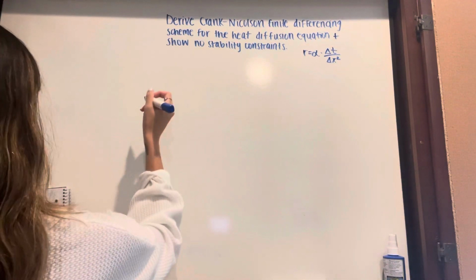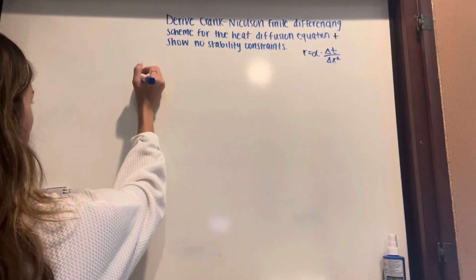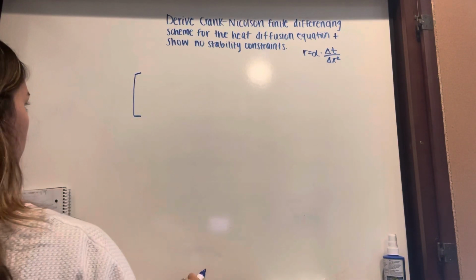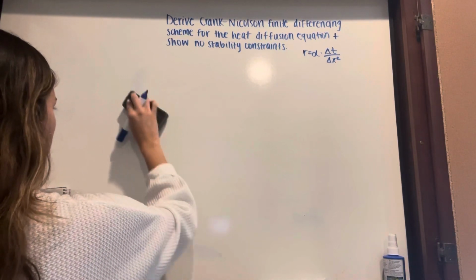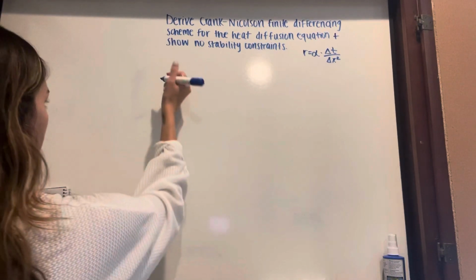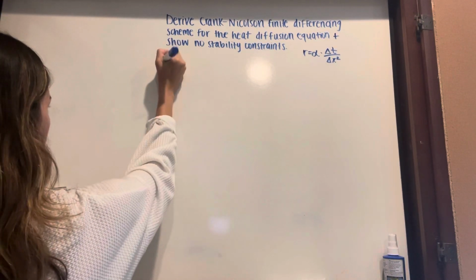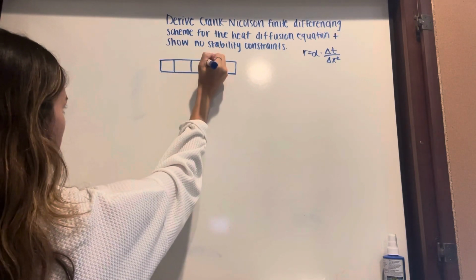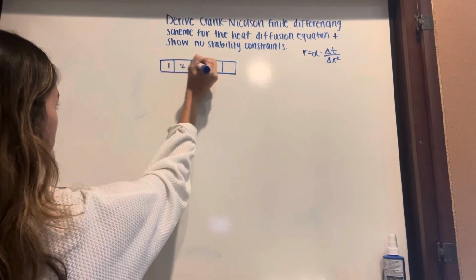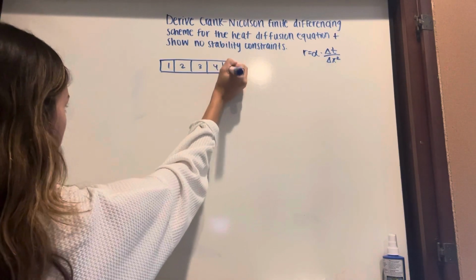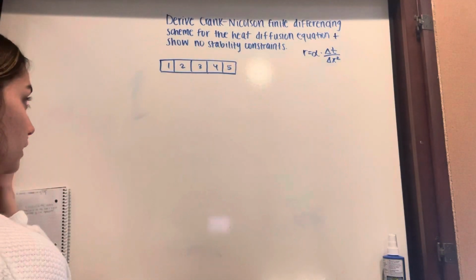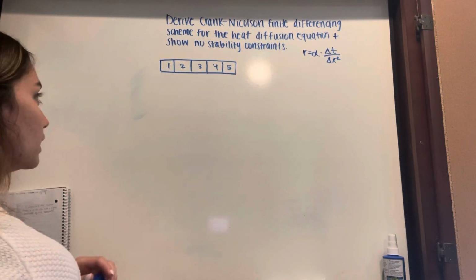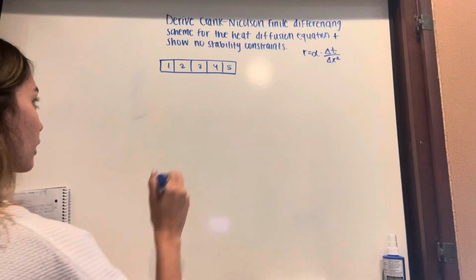So for the left-hand side, we have our expression. So for our uniform bar, let's start with that. We have 1, 2, 3, 4, 5 initial temperature values, or temperatures to calculate.